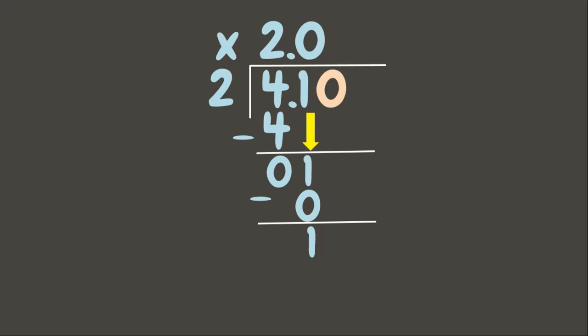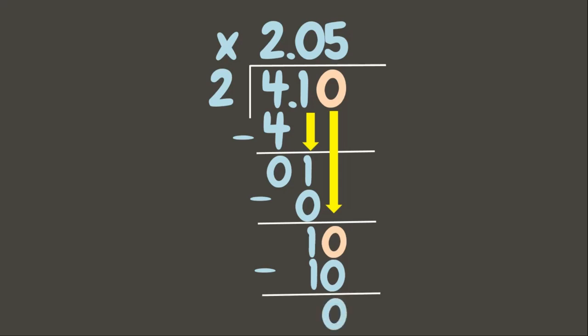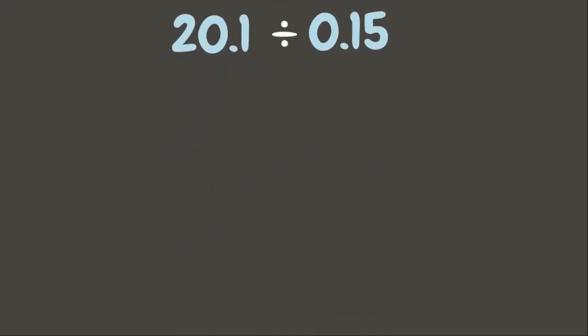Now let's bring down 0. 10 divided by 2 is 5. 5 times 2 is 10. 10 minus 10 is 0. Since there is no more remainder, our answer is 2.05 or 2 and 5 hundredths. Great job! Let's have another example.